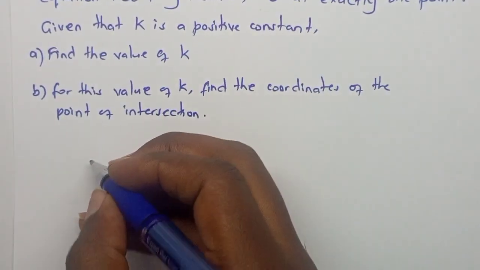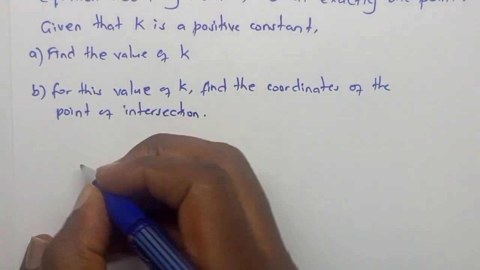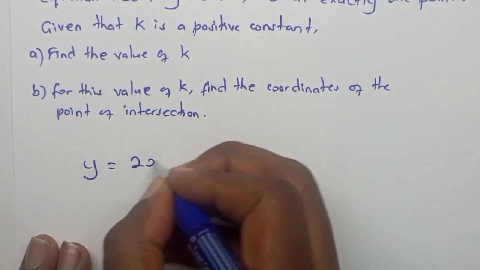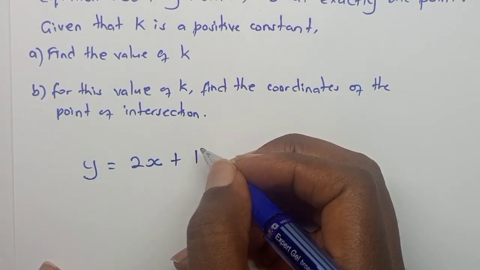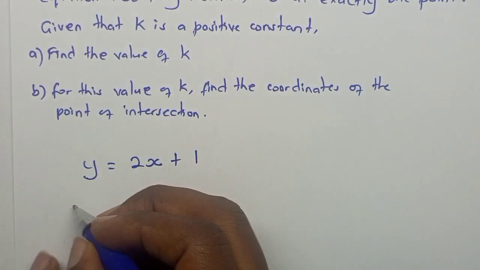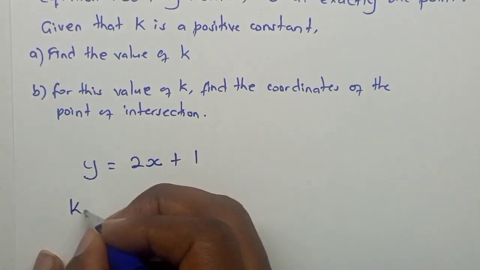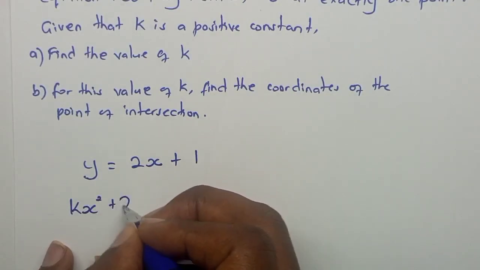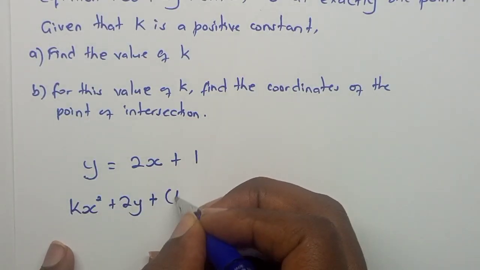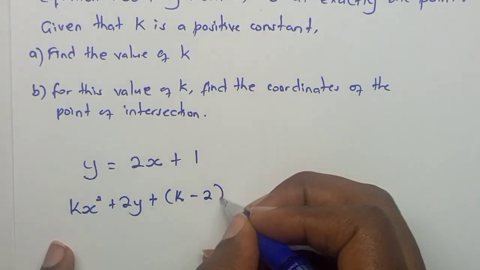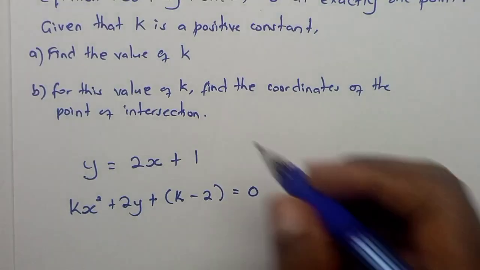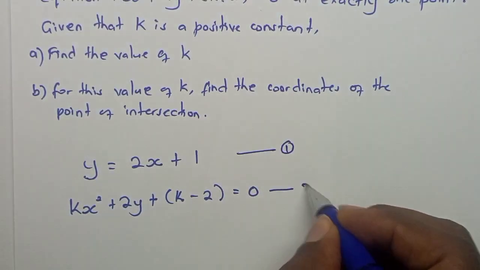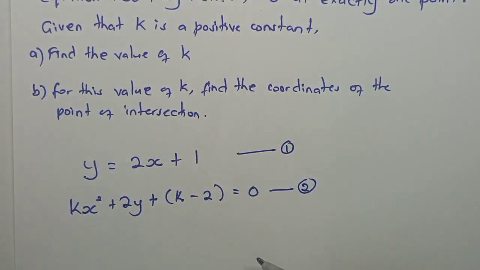So the equation of the line, they've told us, is y is equal to 2x plus 1. And the equation of the curve is kx squared plus 2y plus k minus 2 is equal to 0. So this is our equation 1 and this is our equation 2.